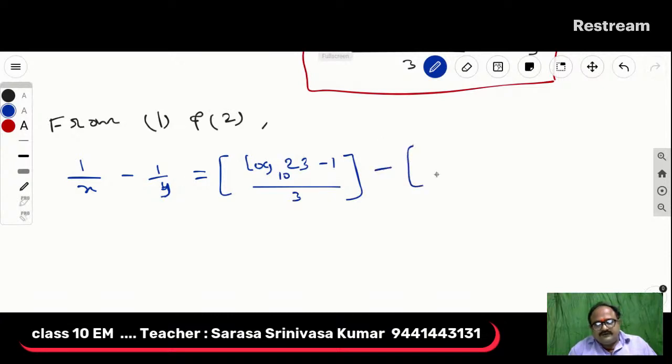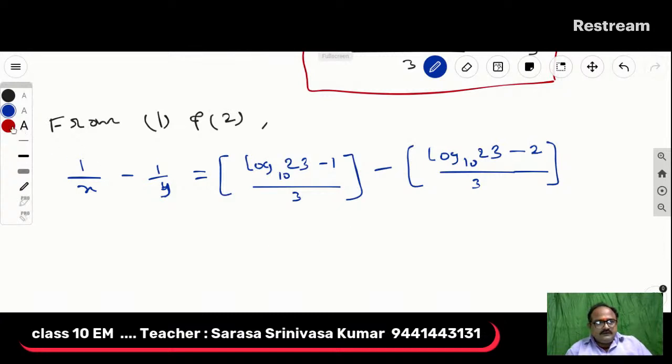Its value is log 23 base 10 by 3 minus 2. We have these values.